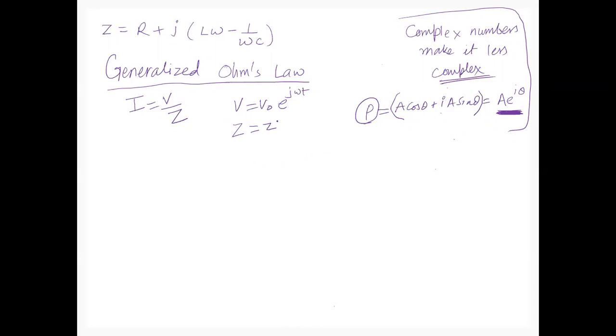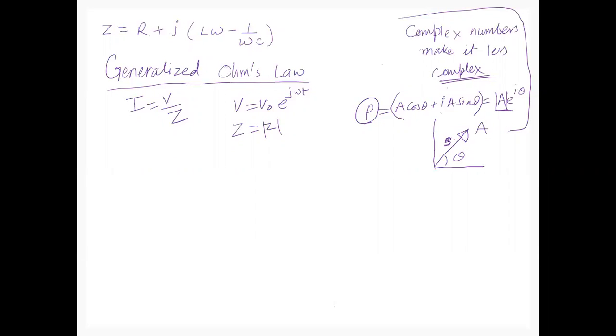So I call it Z absolute value. You know what that means? What is this A? A is the absolute value, okay? Suppose you have a vector A. This is your A, and this is theta. Say this is 5.